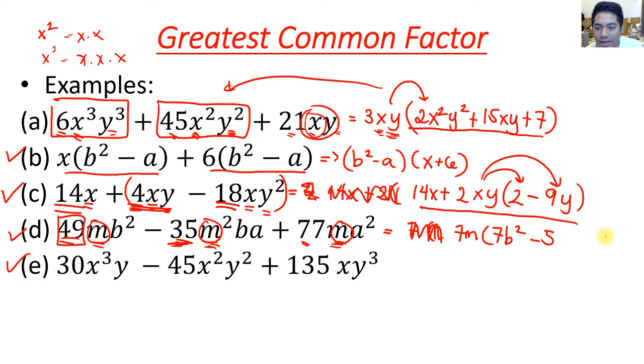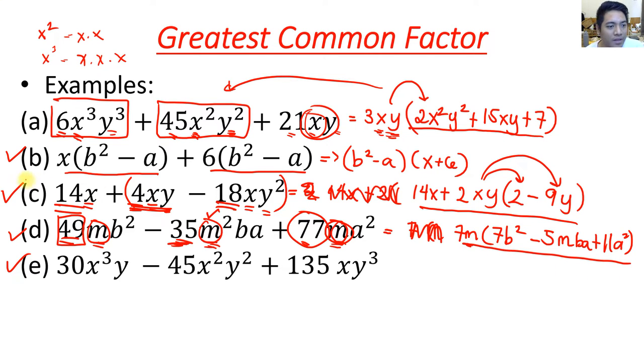Then you have another m squared where you factor m, so I only have m here, and of course ba, plus 77 divided by 7 would be 11. You factored out m here, so I only write a squared. So you have 7m times 7b squared minus 5mba plus 11a squared.